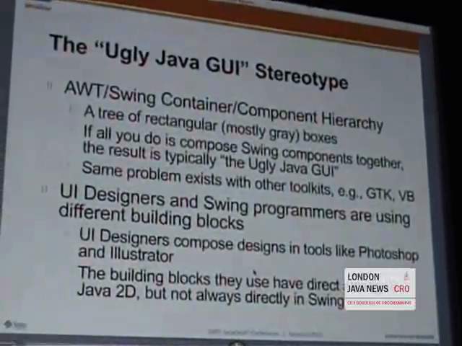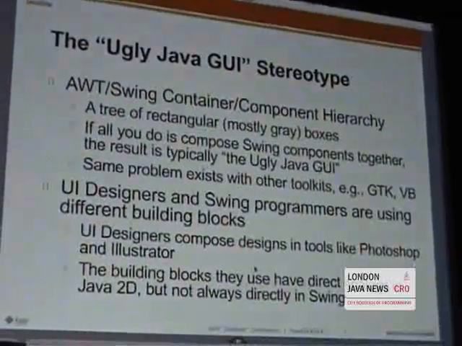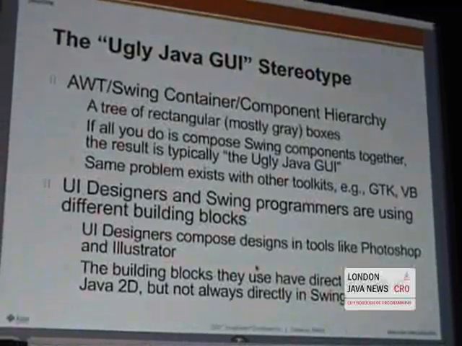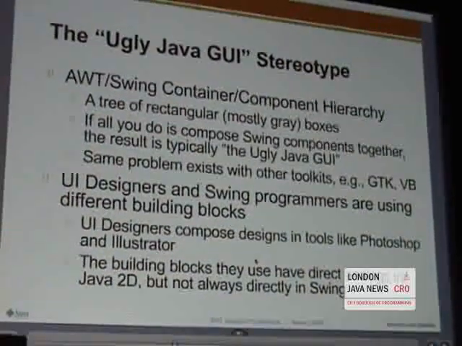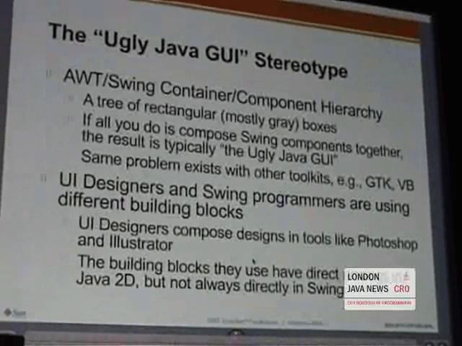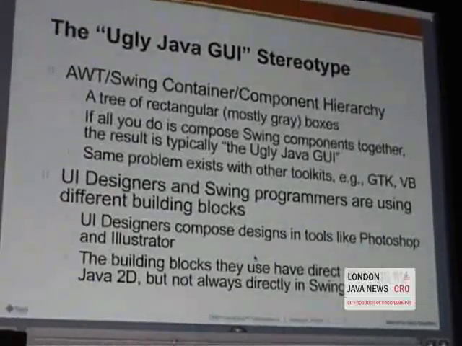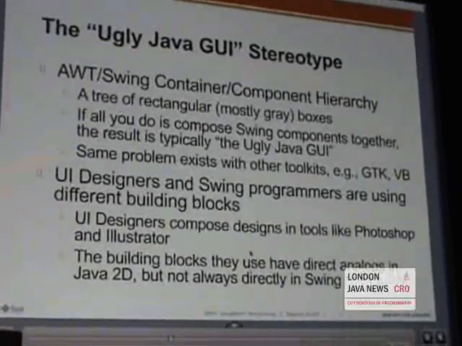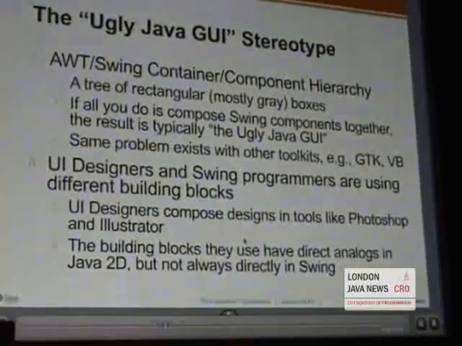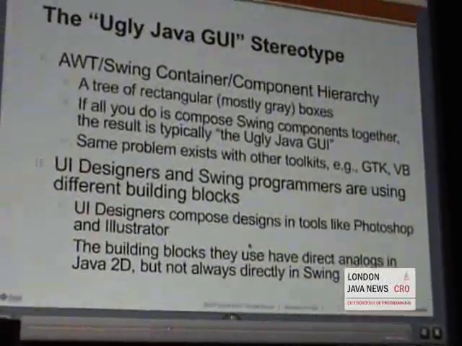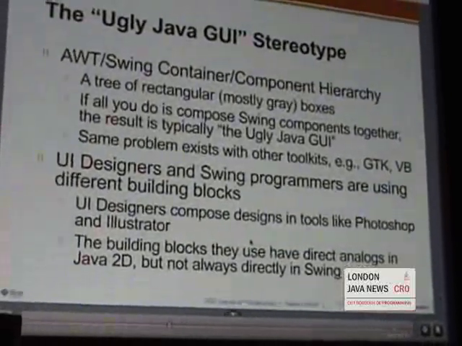However, if that's all you do, you tend to end up with a certain stereotypical looking user interface, and rarely does it correspond to what the UI designers have in mind, or the content designers. The same kind of problem exists with other toolkits. And I think I mentioned GTK and VB. You see the same type of so-called ugly GUI.